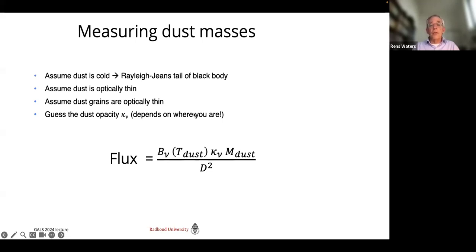Is it icy or is it without ice? That makes a lot of difference. So knowing this kappa nu is one of the tricky things in measuring dust masses anywhere, whether it's a supernova explosion with dust or a circumstellar disk.